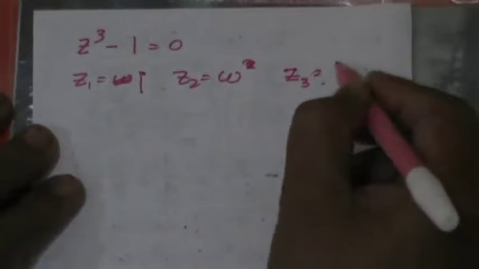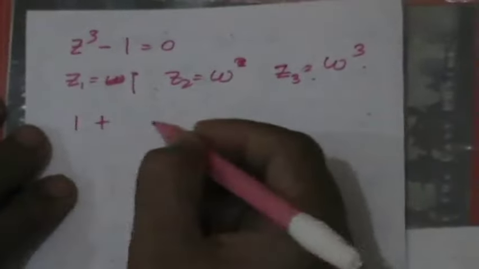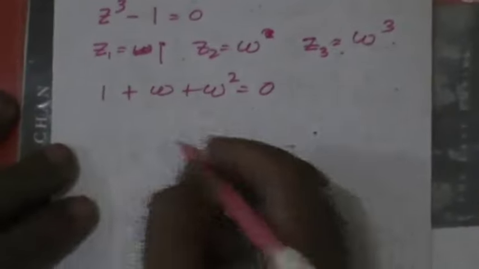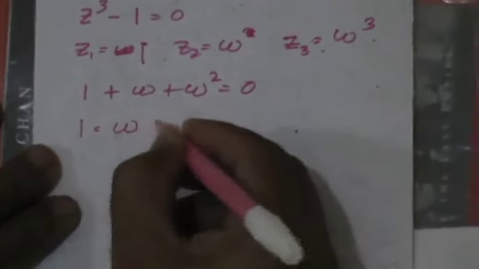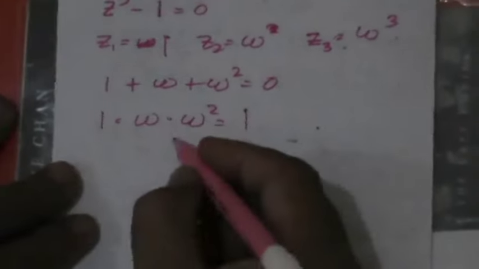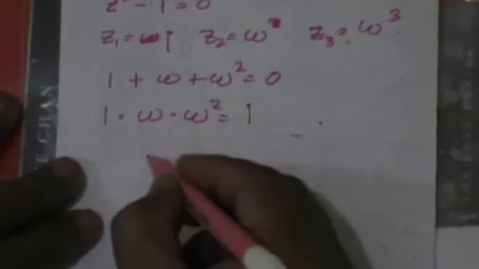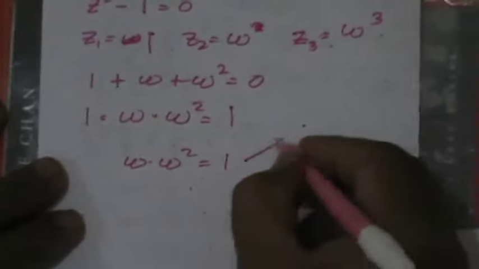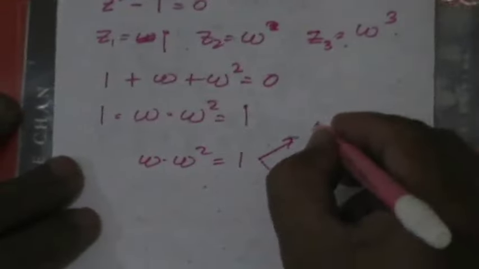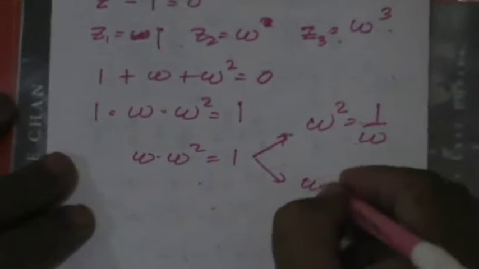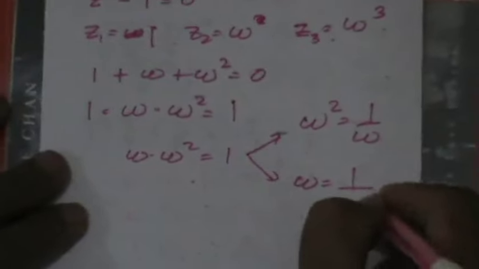It will turn out that the z3 is omega squared, and we have said that 1 plus omega plus omega squared is equal to 0, and that omega times omega squared is equal to 1. From here we can get a reciprocal. This will give you two properties: that omega squared is equal to 1 over omega, and omega is equal to 1 over omega squared.